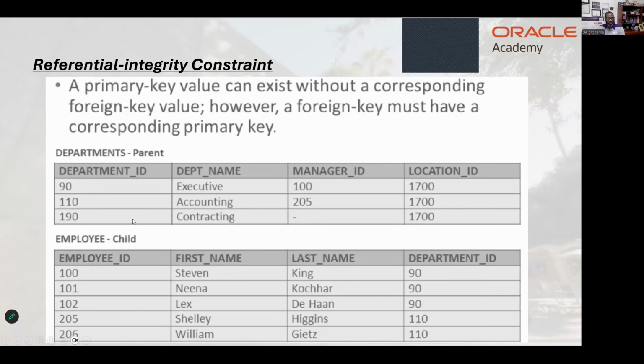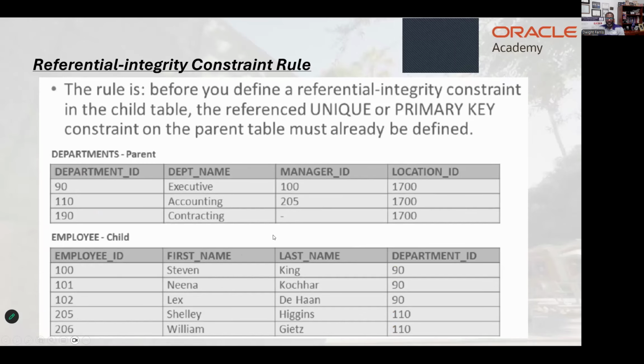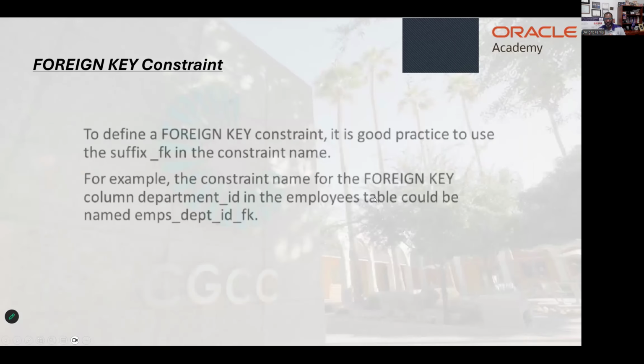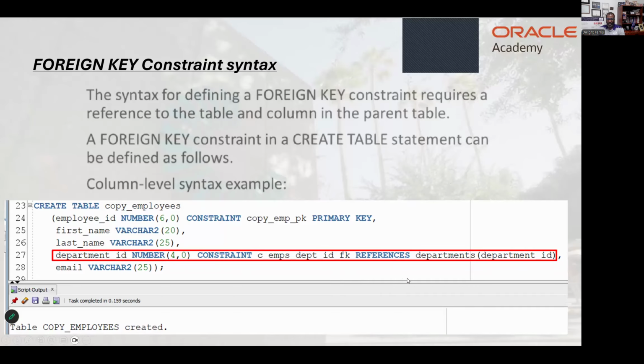And just recall that essentially the uniqueness is in the parent table, the connection is in the child table. I do illustrate this several ways, but just so that you understand that relationship. When you define a foreign key constraint, it is good practice to use the suffix FK for the constraint. And remember, there has to be referential integrity between the foreign key and the primary key.